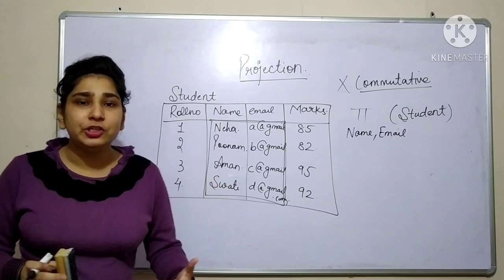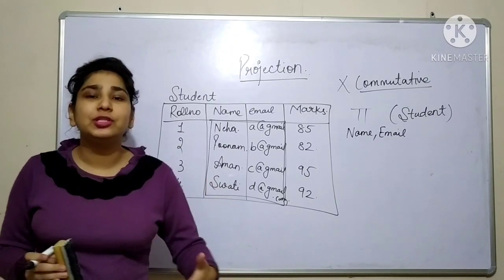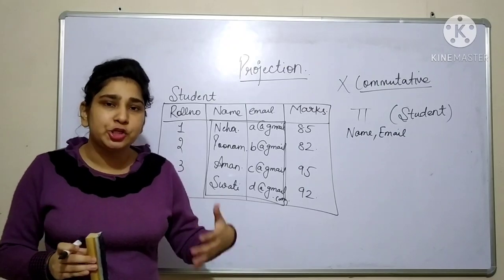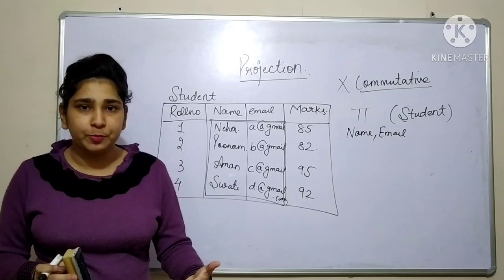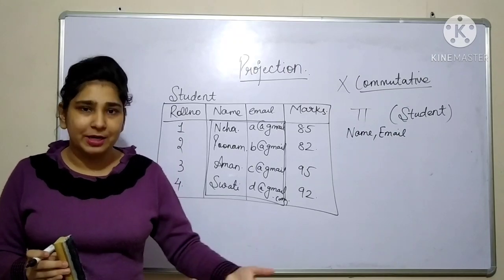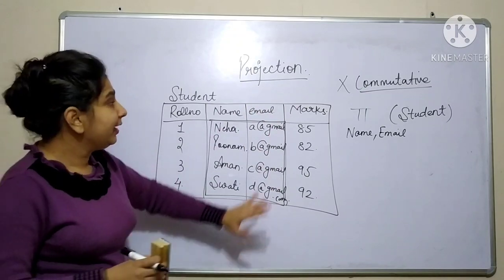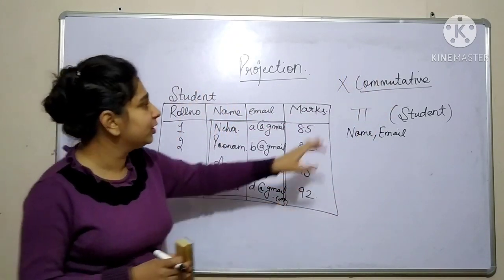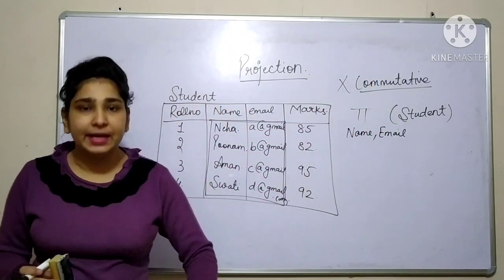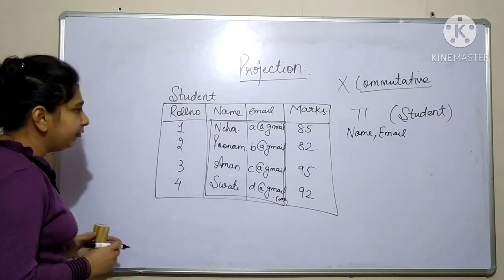Even if you change the order of the selection operations, you will still get the same output. But the projection operation is not commutative. It doesn't follow the property of commutativity. What is the meaning of commutative?